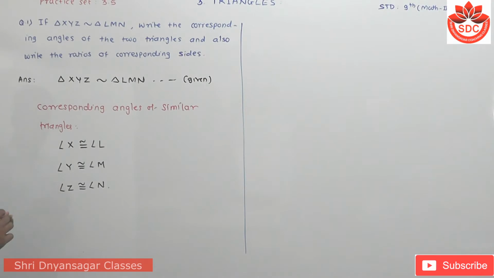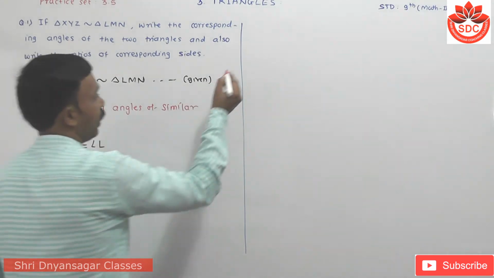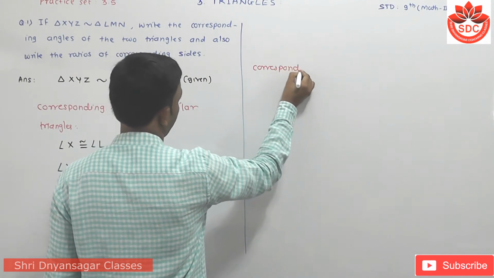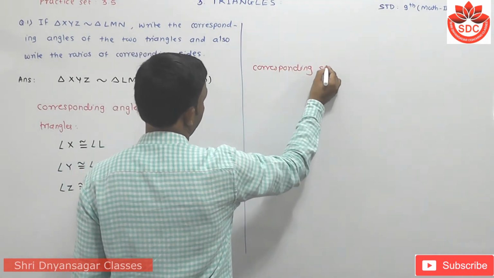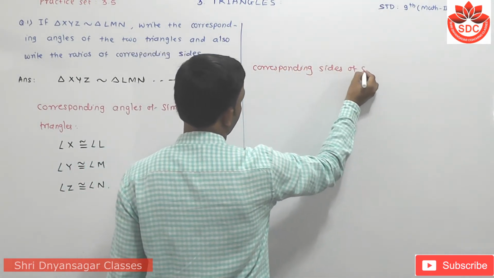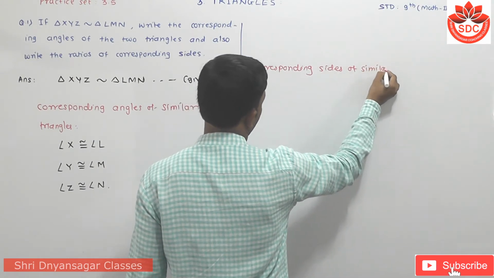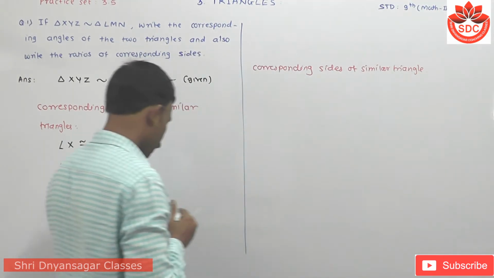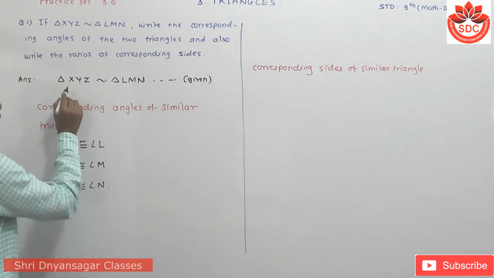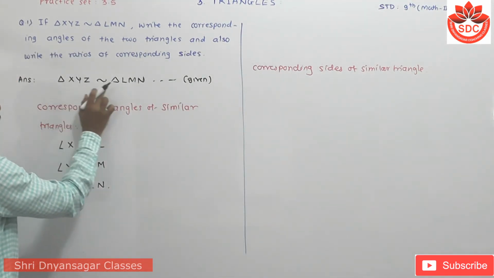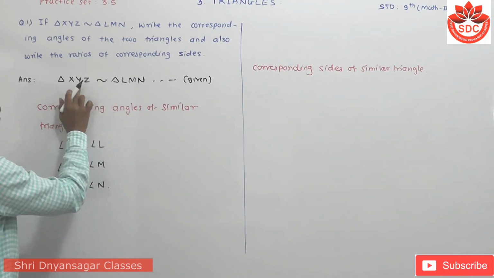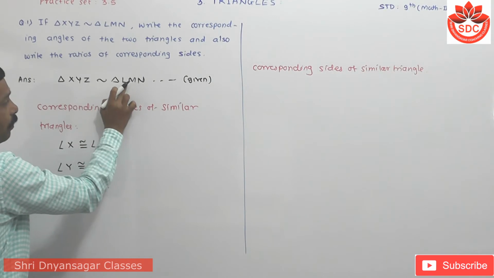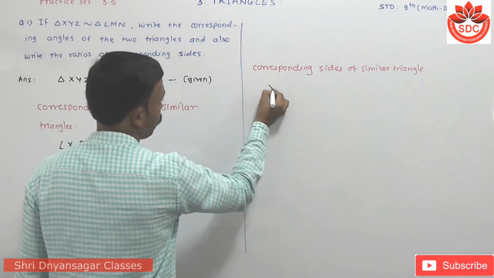Then we have to find its corresponding sides. I write here: corresponding sides of similar triangles. Now student, look at these corresponding sides. Using the one-to-one correspondence XYZ with LMN, first I take XY upon LM.